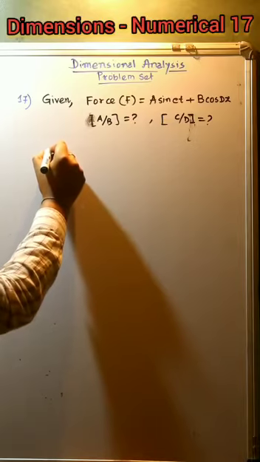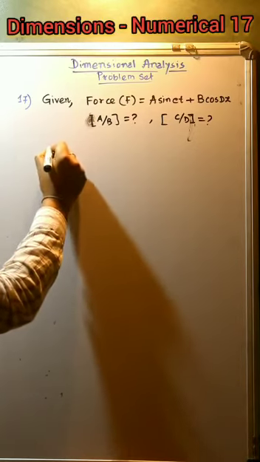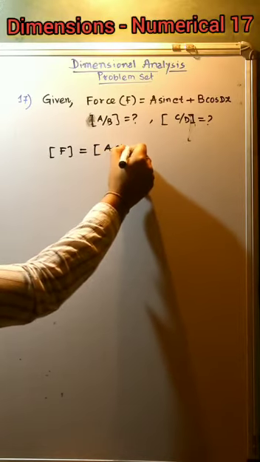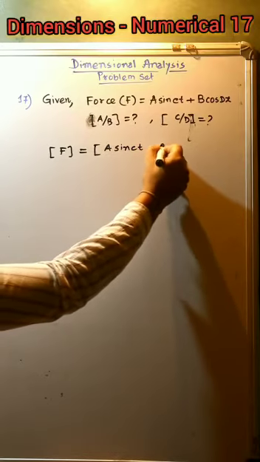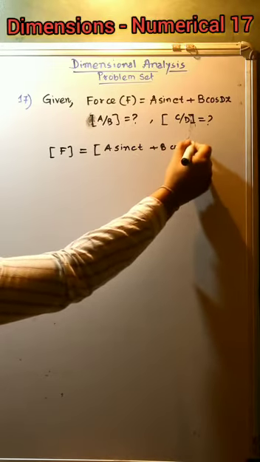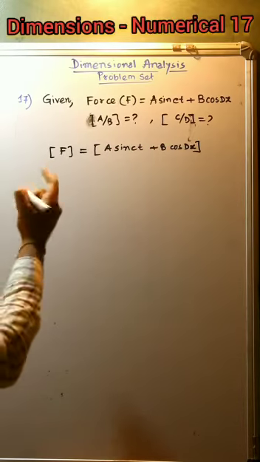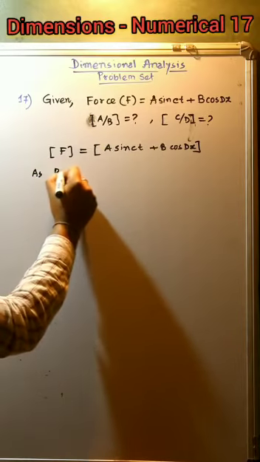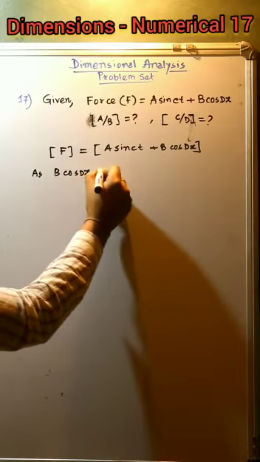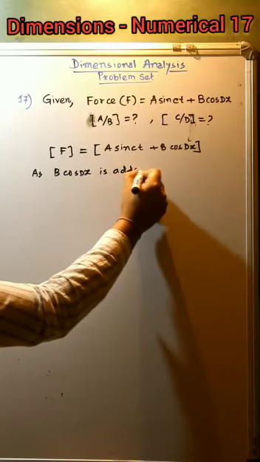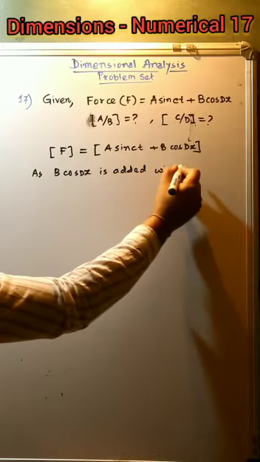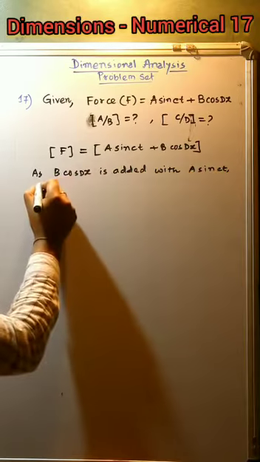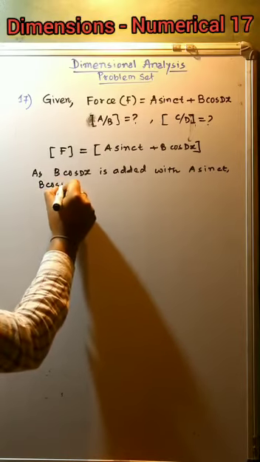So what we can write, dimension of force is the same as the dimension of A sin ct plus B cos dx, where t is time and x is the distance. As B cos dx is added with A sin ct, they will have the same dimension.